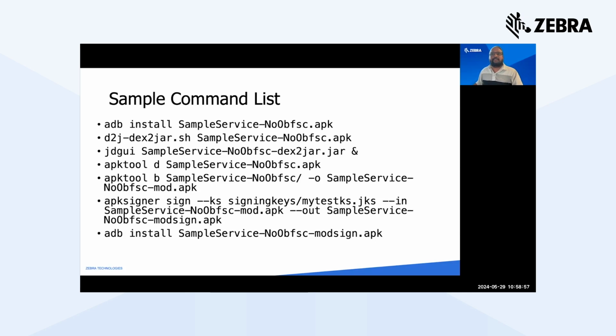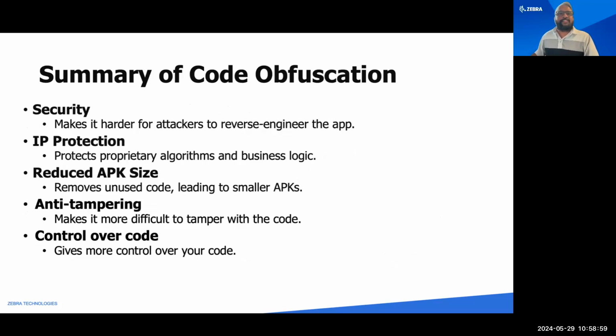Okay, next slide. What is the summary of code obfuscation? You understand obfuscation doesn't prevent reverse engineering, but it discourages it. It makes the code harder to reverse engineer. That's what we get using advanced obfuscation. You can protect your IP by using a balanced ProGuard or obfuscation configuration. It can reduce the APK size while still maintaining fast performance.